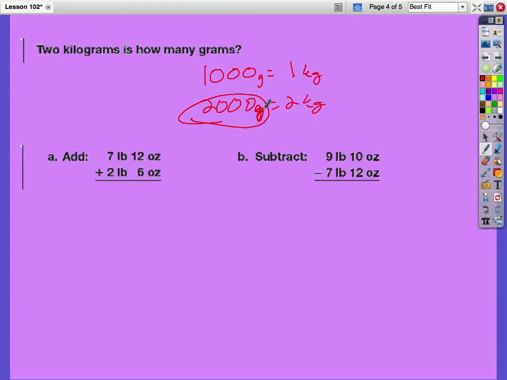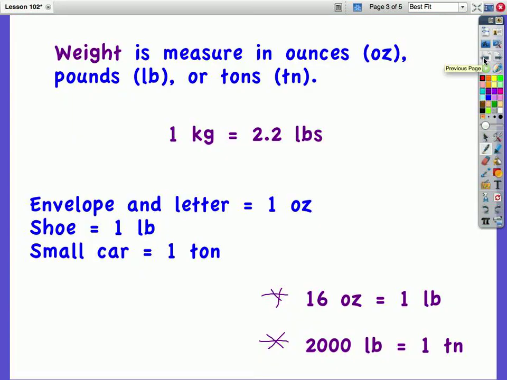Next example. It says to add 7 pounds 12 ounces plus 2 pounds 6 ounces. When we add, we're going to split this up into ounces and pounds. So 12 plus 6 is 18 ounces, and then I have 9 pounds, 18 ounces. Now, remember, there are 16 ounces in a pound.